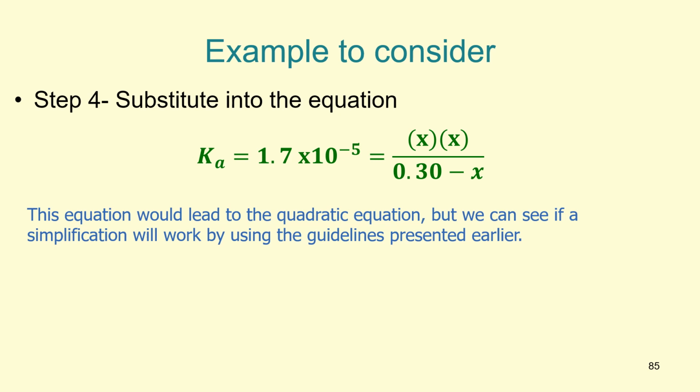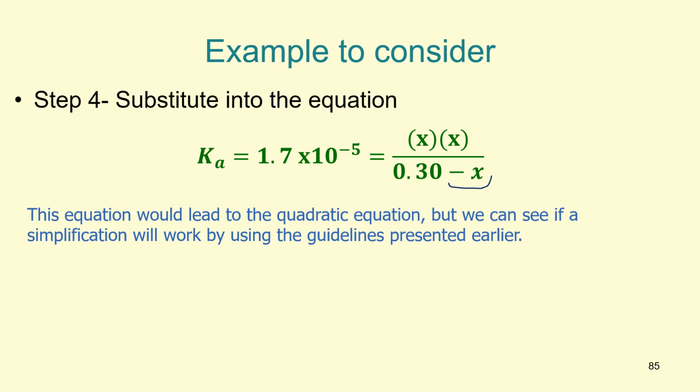In other words, if we could get rid of this minus X, if we could say, well, X is so much smaller than 0.3 that it's negligible when subtracting. Now, it's never going to be negligible when multiplying, obviously, but when subtracting, is X much, much smaller than 0.3, such that to any significant figure rounding it will be the same?